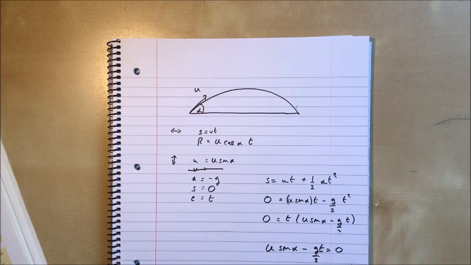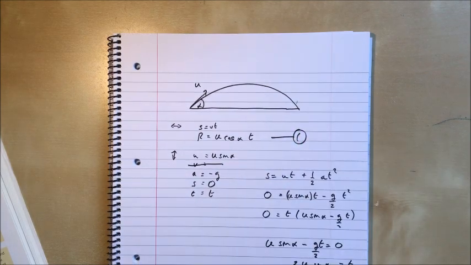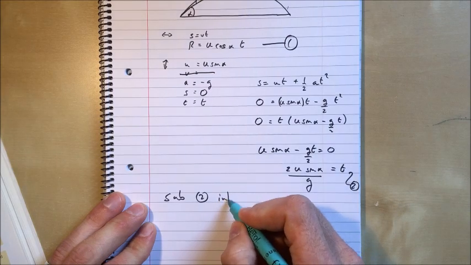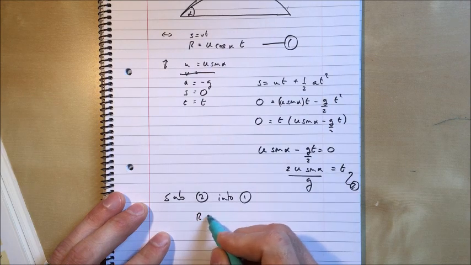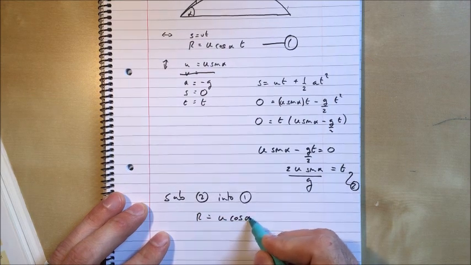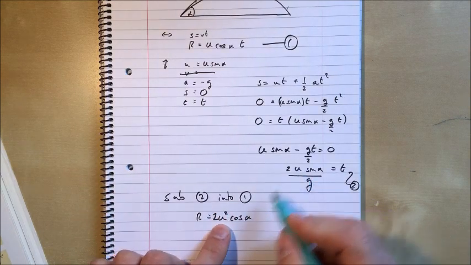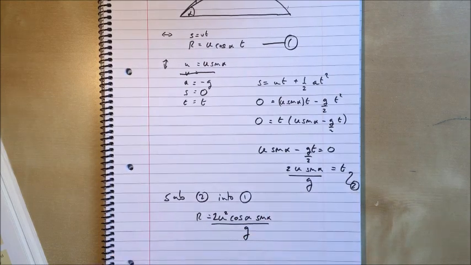So there's two of our formulae from page 122. If I take this t here and I substitute equation 2 into equation 1, then I'm going to get r equals u cos alpha times by t, which is 2u times u, is u squared, cos alpha sine alpha over g.